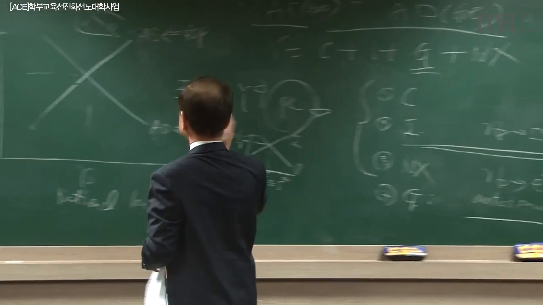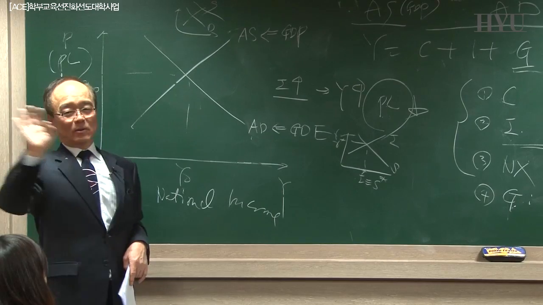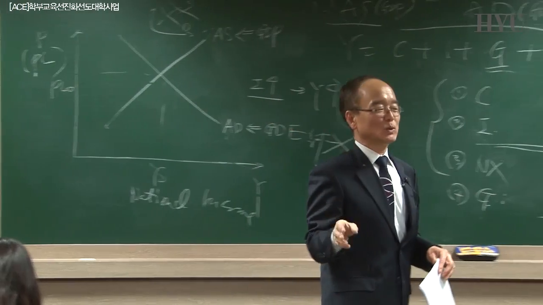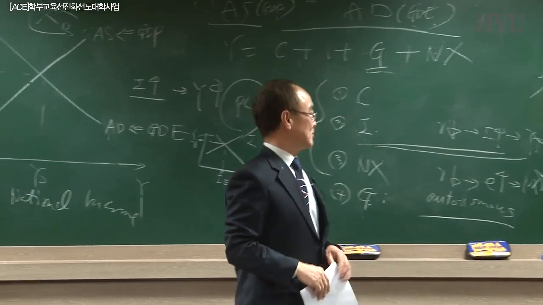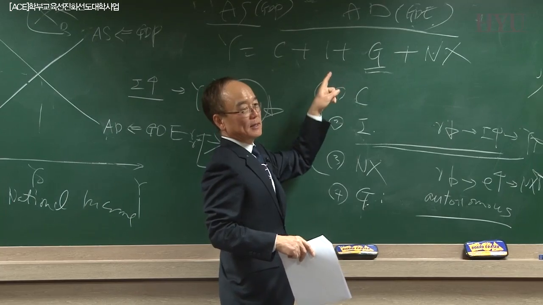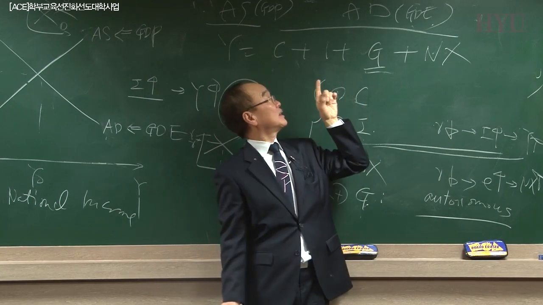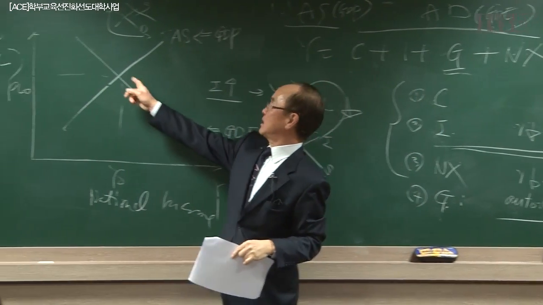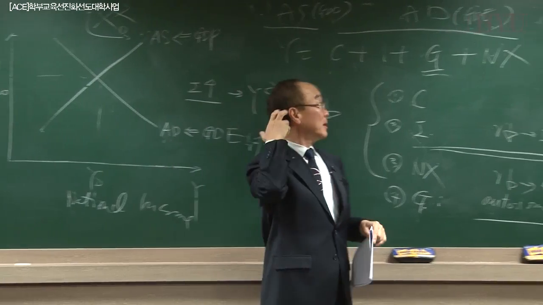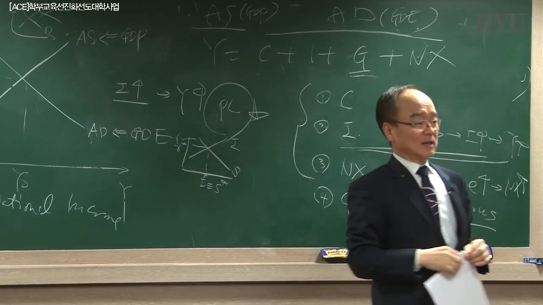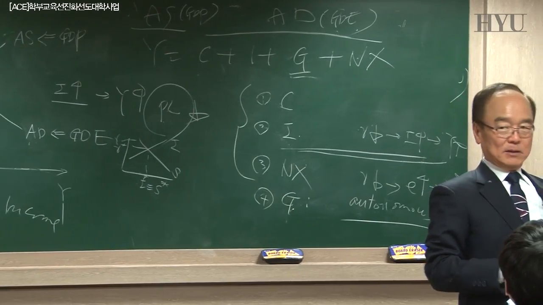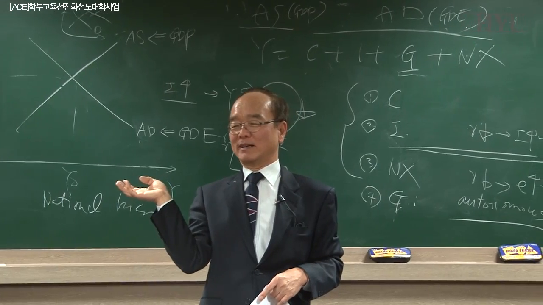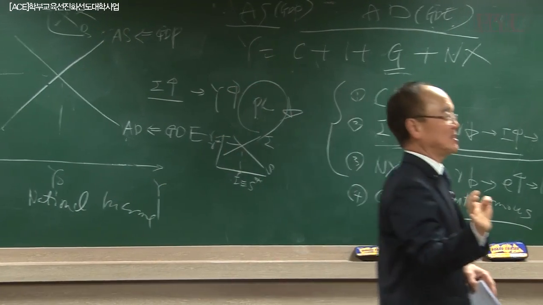For example, what if Samsung, a Korean firm, discovers new technology? New technology affects which of the three? I will go up, right? Then everything else being the same, AD will shift in this direction. And then somehow people are discouraged by a souring prospect for the future.